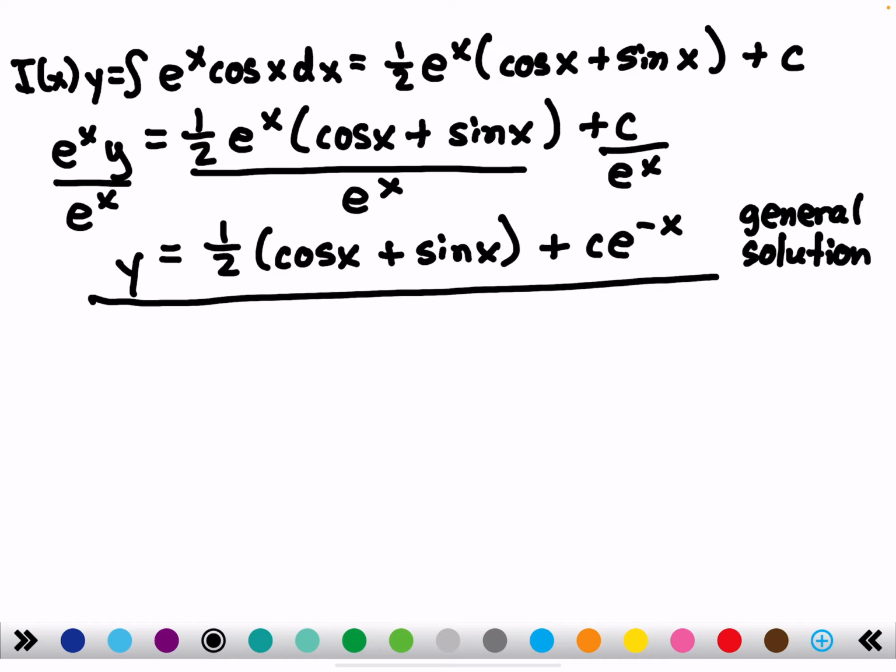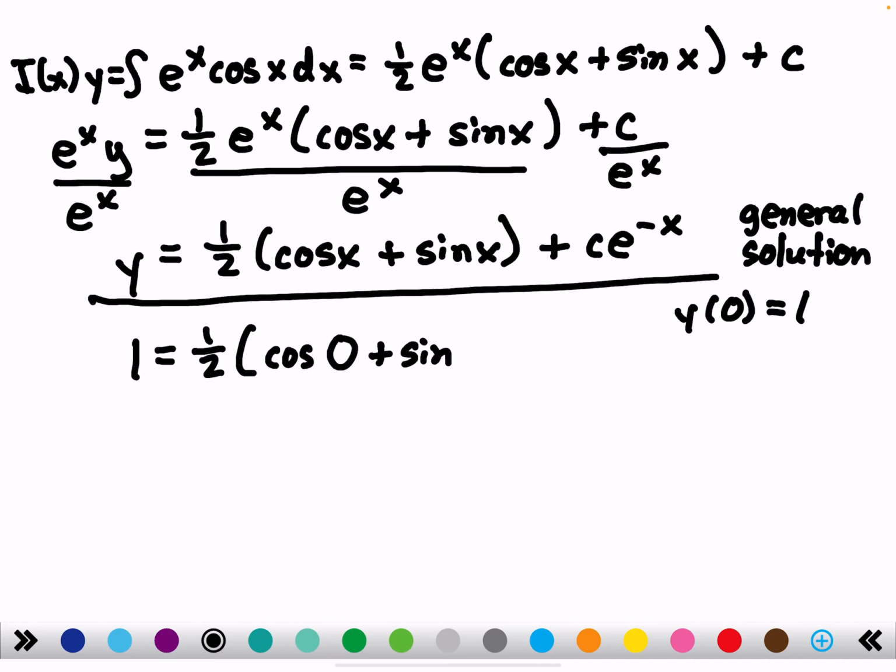Now, we know that we were given an initial condition y of 0 is 1, so we'll substitute 1 in for y. Everywhere we see an x, we'll replace it with a 0, so 1/2 times parentheses cosine 0 plus sine 0, plus c e to the negative 0, which is just e to the 0, or 1.